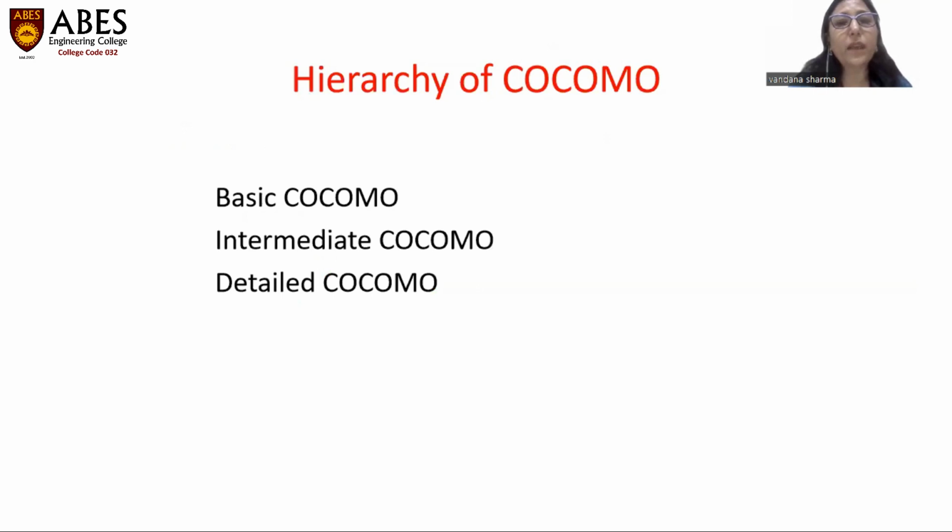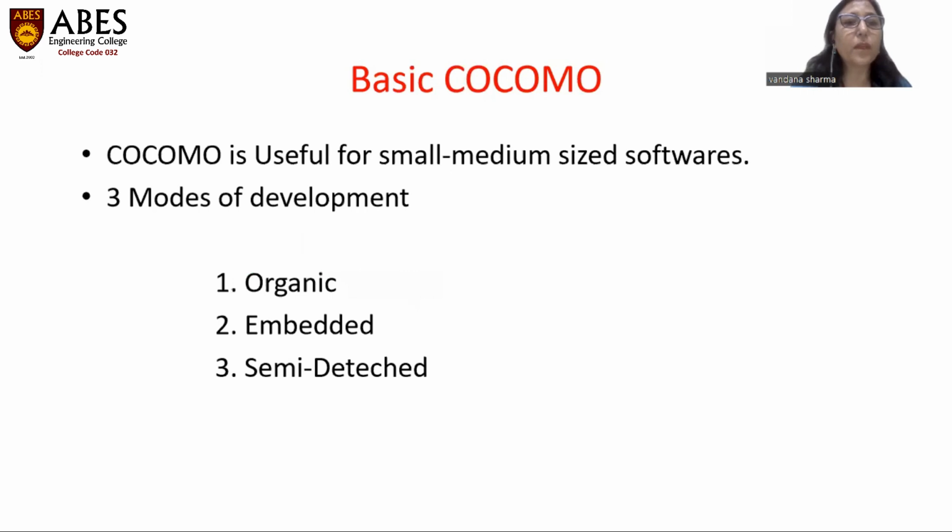This is basically the hierarchy of cost estimation for software. This hierarchy consists of basic COCOMO, intermediate COCOMO, and detailed COCOMO. Now we will talk about basic COCOMO. The basic COCOMO model is useful for small to medium-sized software.